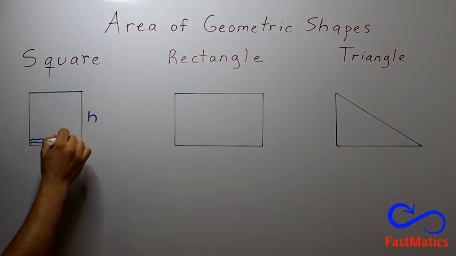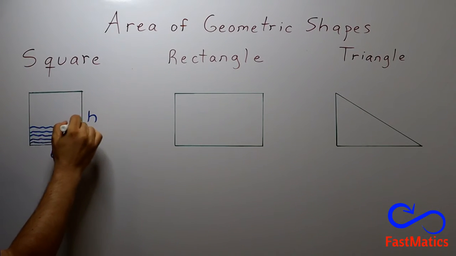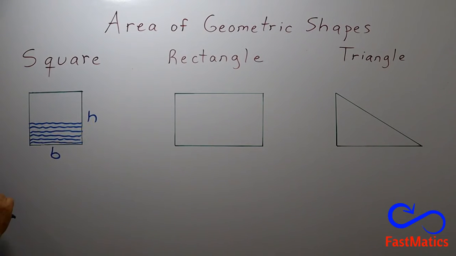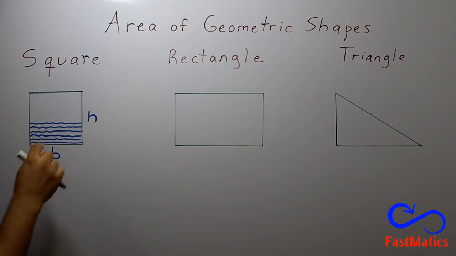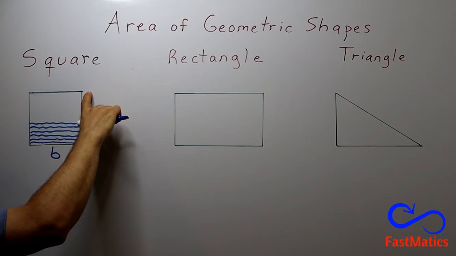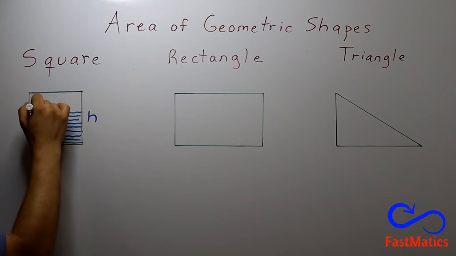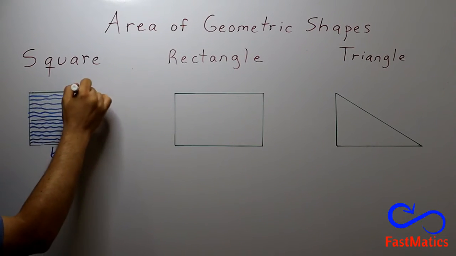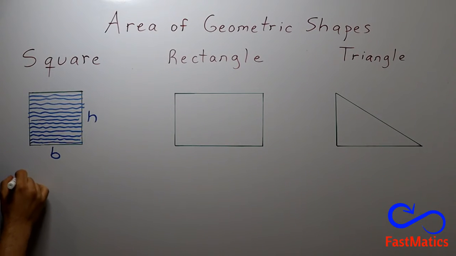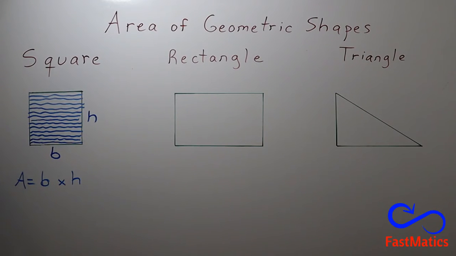You continue filling the tank with water, and that's going to fill all the base from left to right, in order to reach the height. You fill that tank, and that's why the formula of the area is base times height.